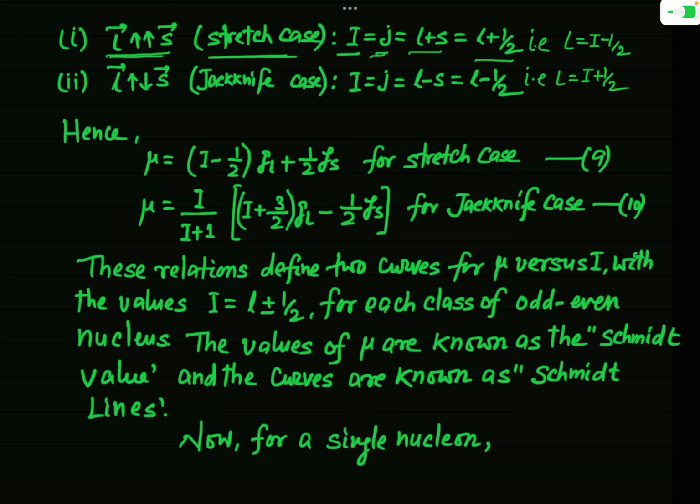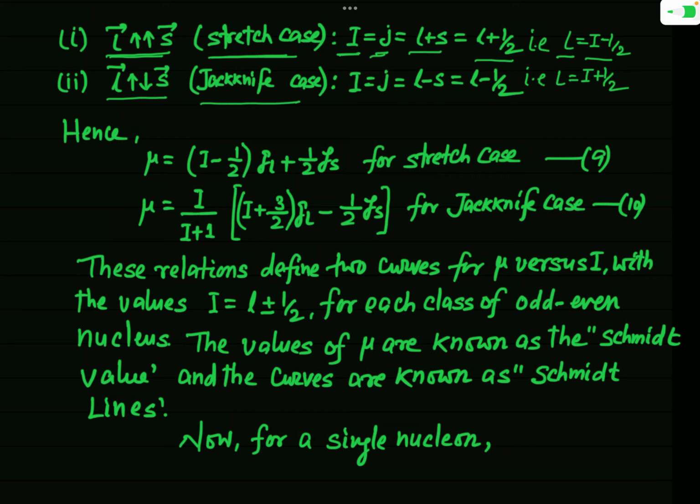So you can also say that this L will be equal to I minus 1/2 or J minus 1/2. The other case is when L is anti-parallel to S. When L is anti-parallel to S, this is called the jackknife case.